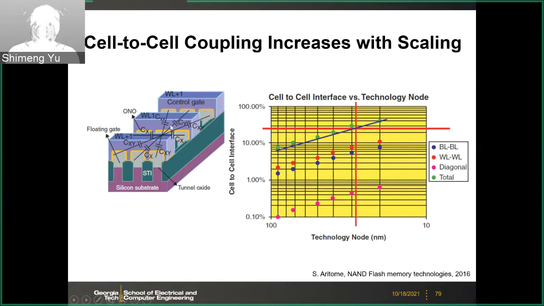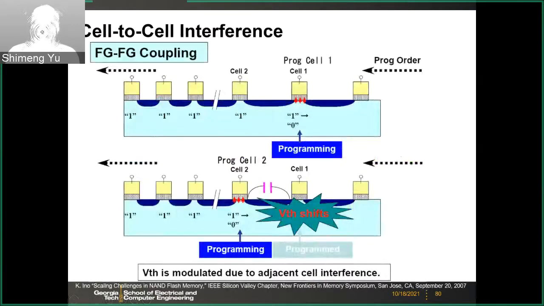So you may have bit-line to bit-line coupling, word-line to word-line coupling, and also those diagonal cells, you may have coupling. Of course, diagonal cells will have less coupling because the distance is further out. But for word-line to word-line and bit-line to bit-line, you will have strong coupling. So what does this coupling mean? This coupling means that you will have the VTH shift.